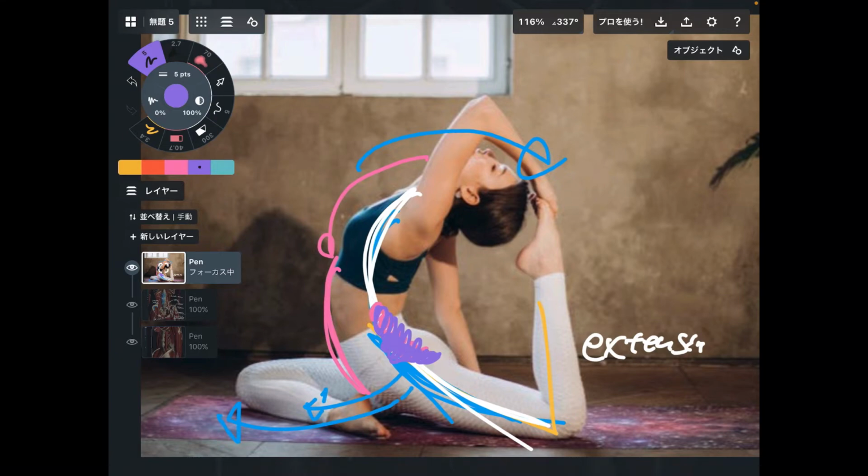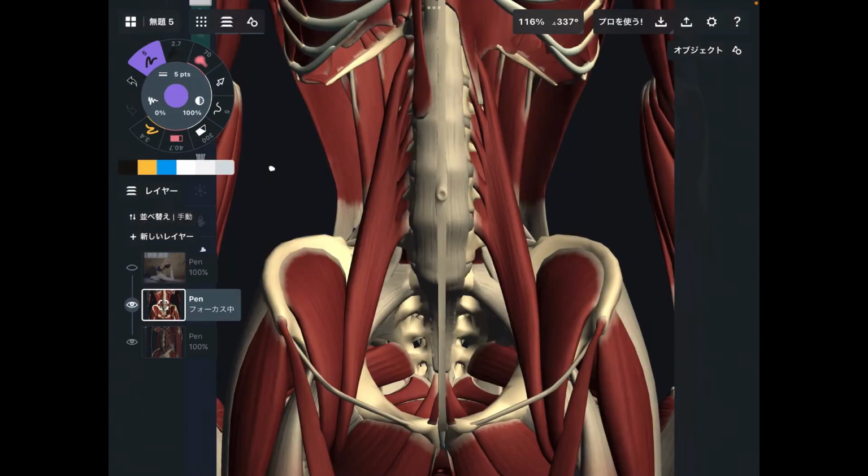Okay, then when you do kind of extension position, not only iliopsoas requires good flexibility, but also related structures should move freely. What kind of tissues are in front of iliopsoas? Let me talk about that. In front of iliopsoas, there are numerous internal organs. Let's pick up large intestine first. Large intestine starts from right side.